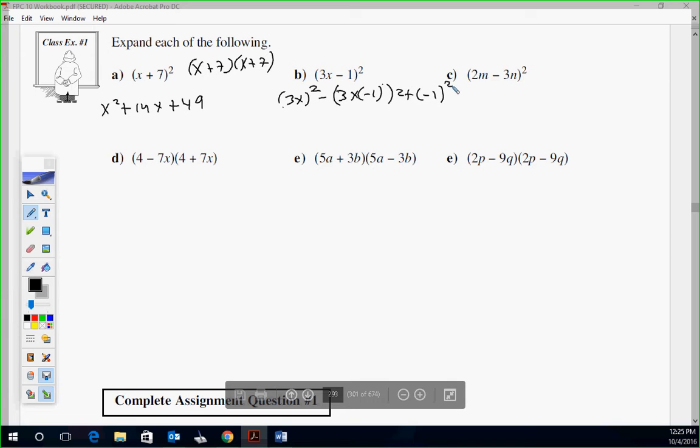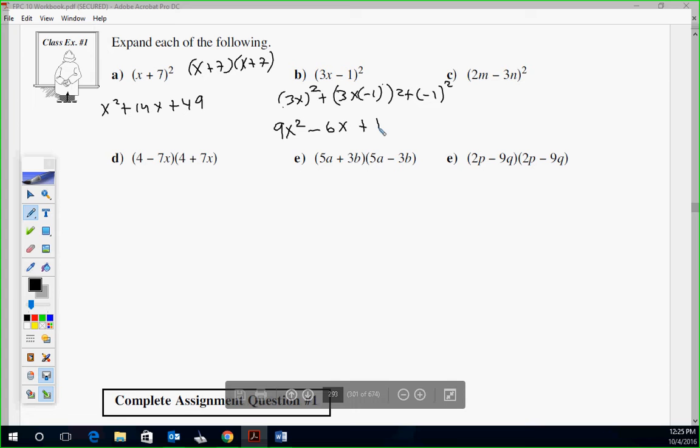So 3x squared means you square the 3, you square the x. That's 9x squared. This right here turns into a negative 3. Excuse me, it should be plus. So it's going to be a negative 3x times 2 is negative 6x. And then a negative 1 squared is a positive 1. So it's 9x squared minus 6x plus 1 for that guy.